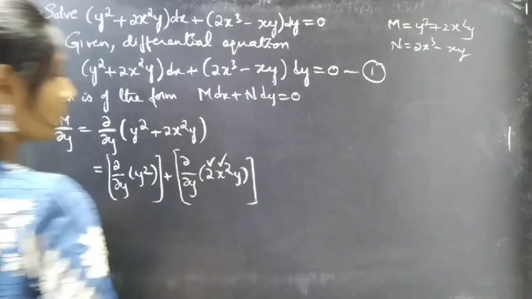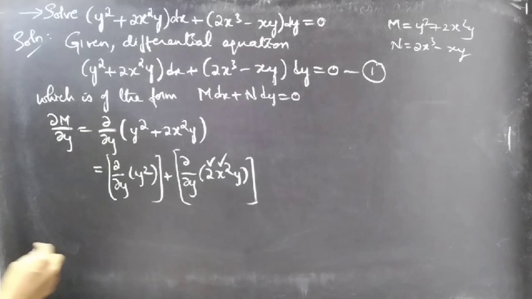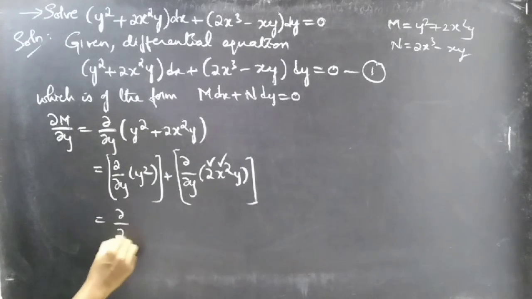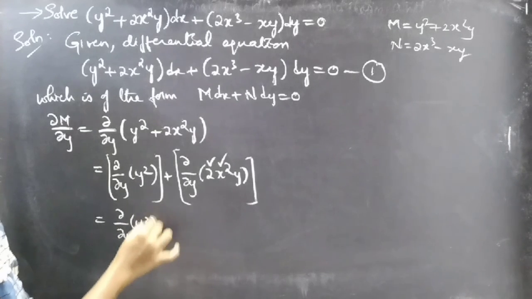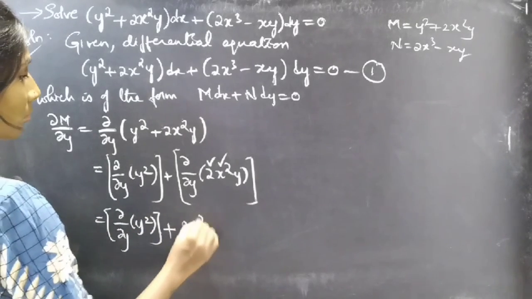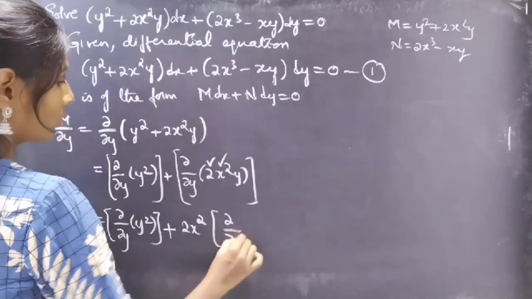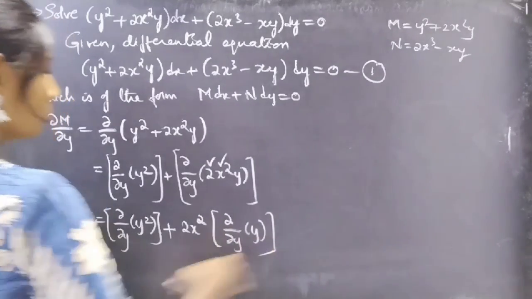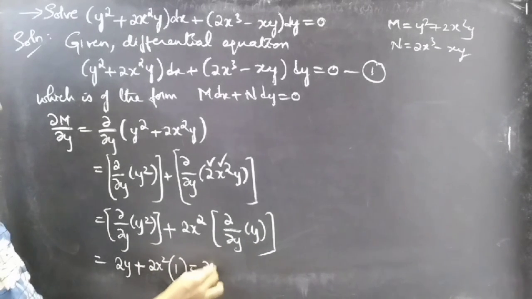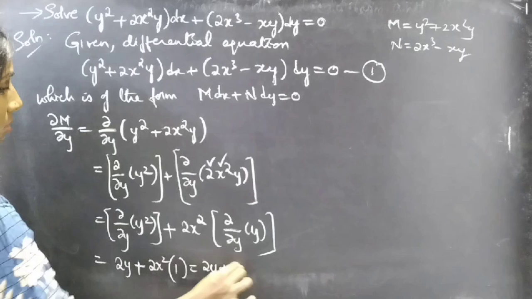In the second term 2x² is constant, so let's write it outside the brackets. The partial derivative of y² with respect to y is 2y, plus 2x² times the partial derivative of y with respect to y, which is 1, giving us 2y + 2x².